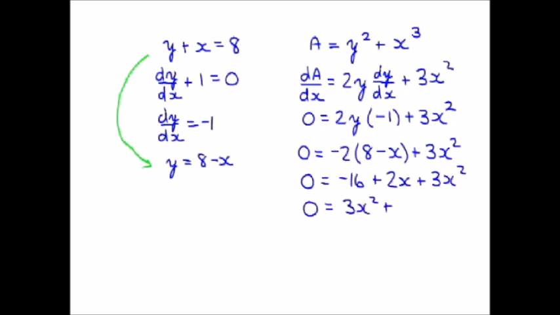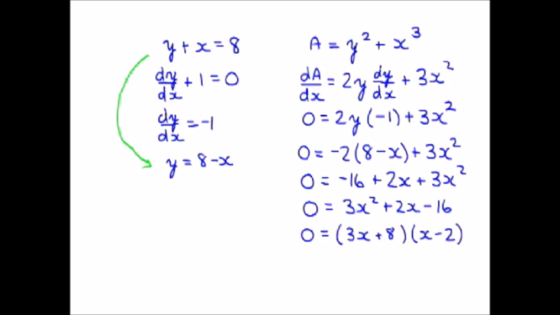This can be factored using decomposition, which we did in the previous example or previous method. So I'm just going to write the factors down, those factors being 3x plus 8 and x minus 2.